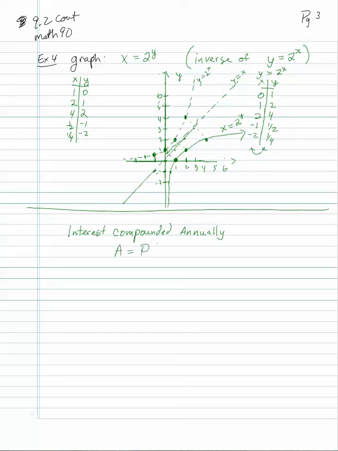A equals P times (1 plus I) to the T, where I is your interest rate per year, T is number of years, P is the money you start with, your principal, or you borrow, depends on which side you're on. And A is your balance.